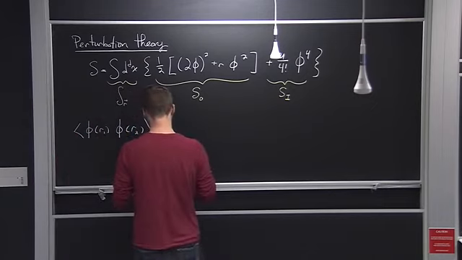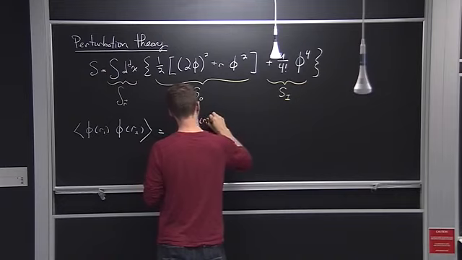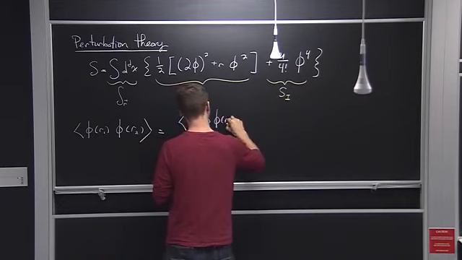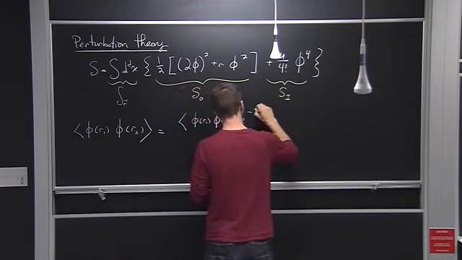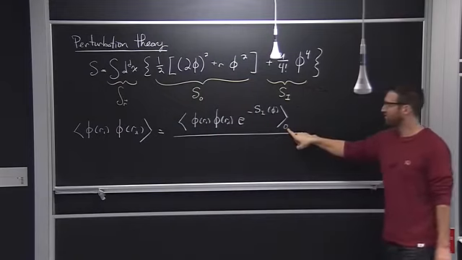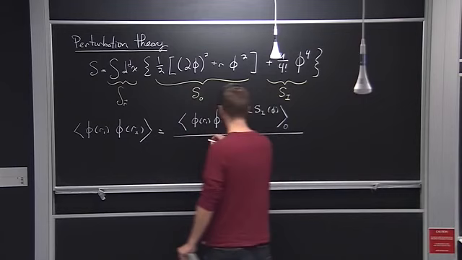And this thing is the Gaussian expectation value of those fields weighted by the interacting part of the action, which depends on all the fields. That subscript means that there's a Gaussian weight in this expectation value.